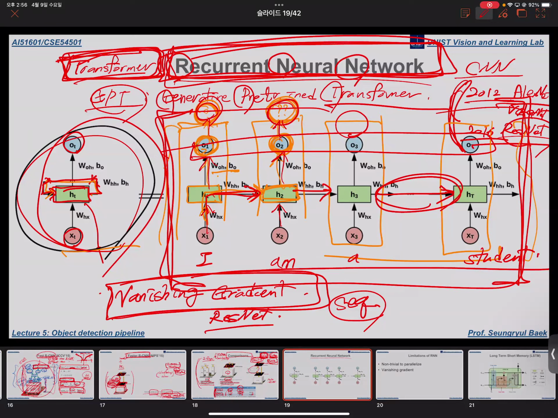Within the CNN, when we stack more than maybe 20 layers, deep architectures tend to produce better accuracy as the architecture gets deeper.